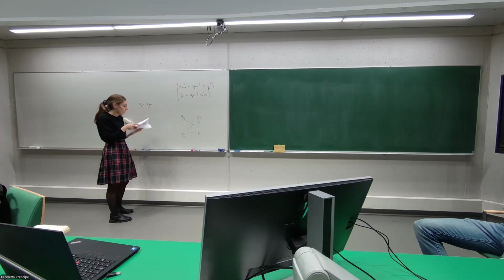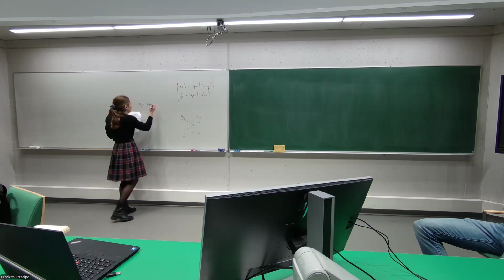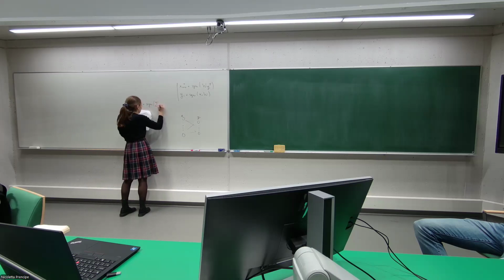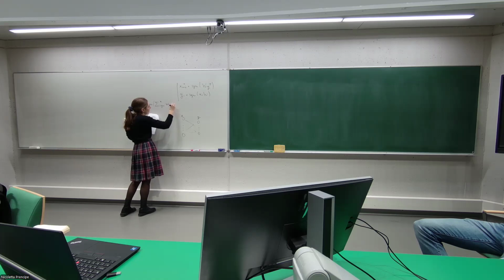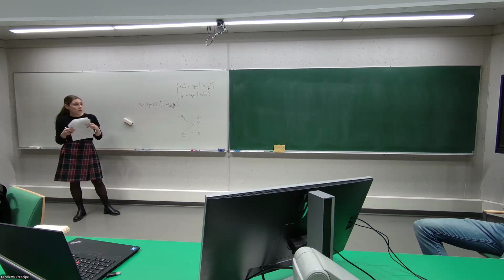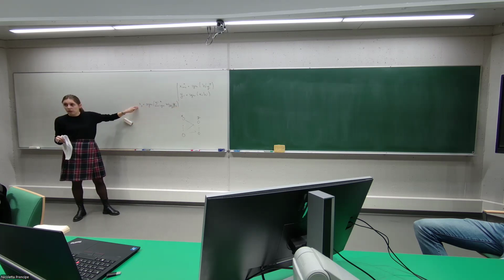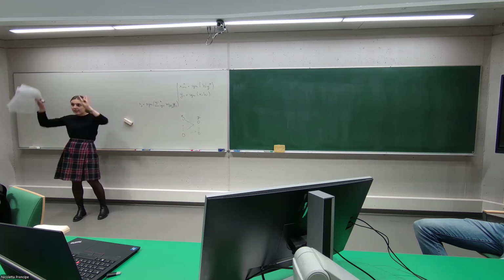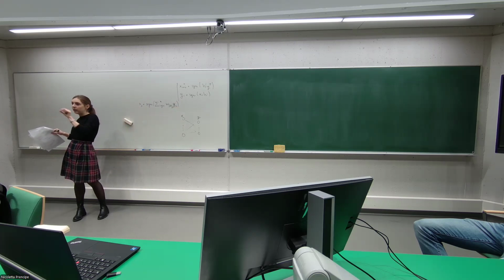W3j, Yj. So I can choose just one instead of all the vectors, and the rest stays the same. So I decide to update one neuron.